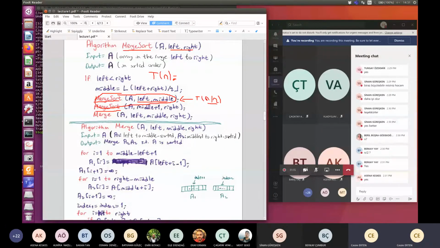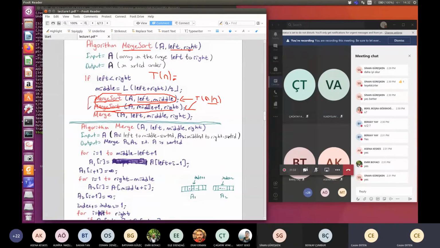Okay, now if this first recursive call takes T of n divided by 2, this second one is also the same because its input size is also n divided by 2. So the running time spent by the second merge sort call will also be T of n divided by 2.